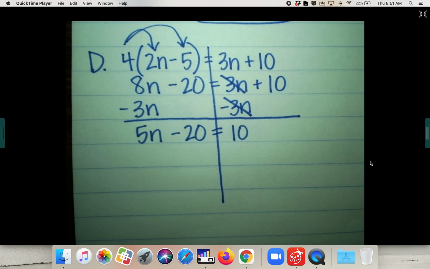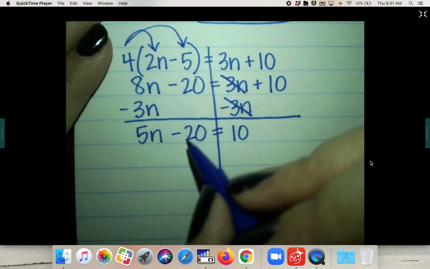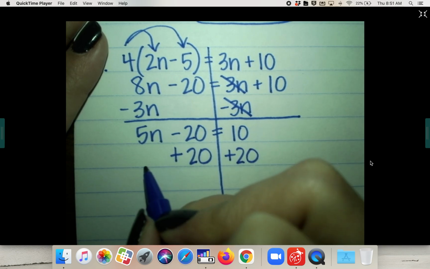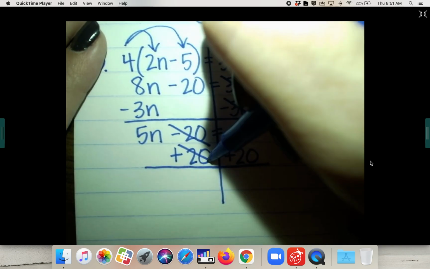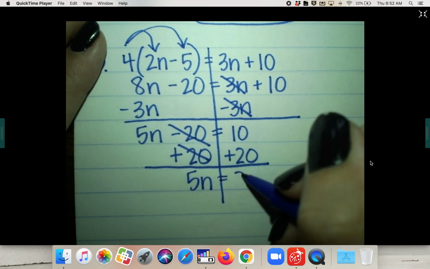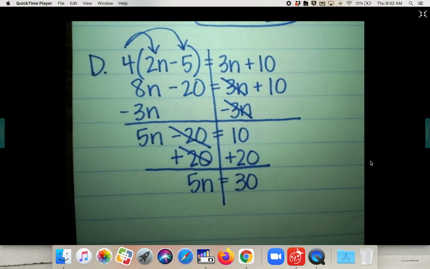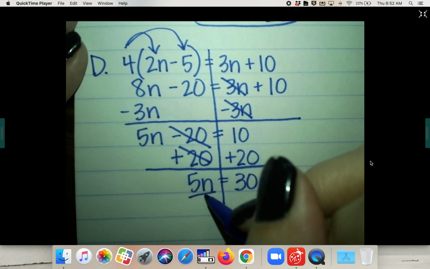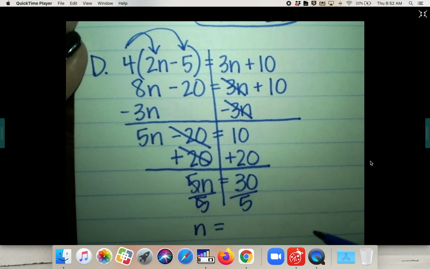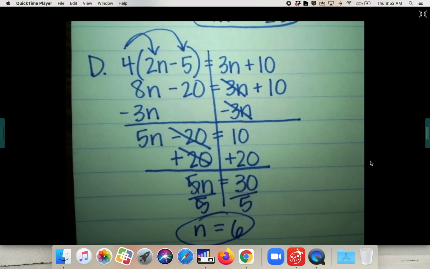We got to get rid of the minus 20 by doing plus 20 on both sides. The answer 6? Yeah, the answer is 6. Did you work ahead? I have no idea. Yeah, I worked. 5n equals 30. Yep, divide both sides by 5. 30 divided by 5 is 6. So, all the 6's are D's.